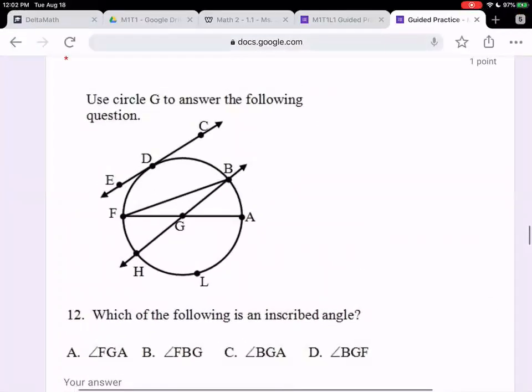Okay, let's see. Which one is an inscribed angle? In this case, according to our notes, we want the corner of our angle, aka the vertex of our angle, to be on the outside of the circle. So which one of these has that?